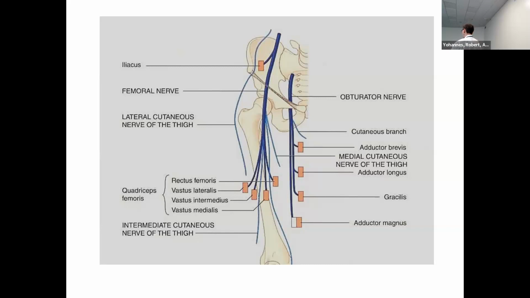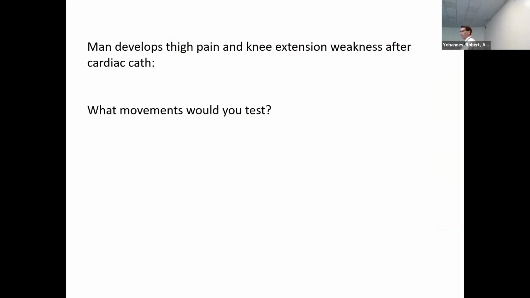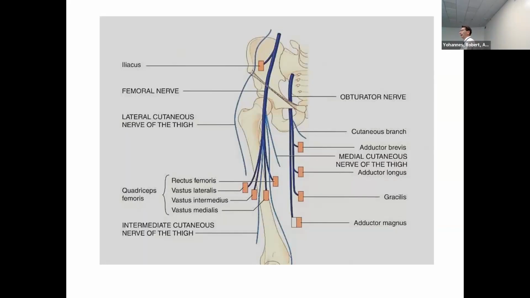You think, oh, everything innervating the hip is together. No, here we see involvement of the same roots, but a different joint. And that's helpful to know. So here we have a movement that is not in the hip, knee extension, but shares the same root.